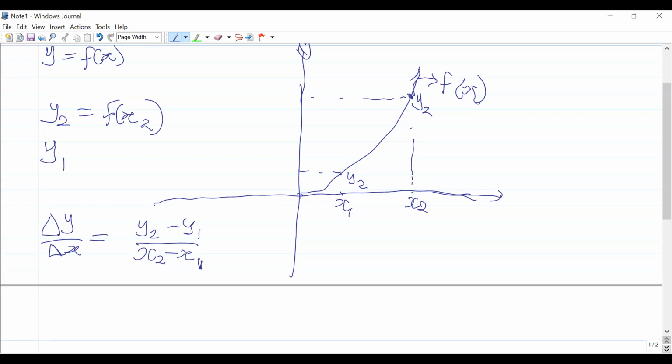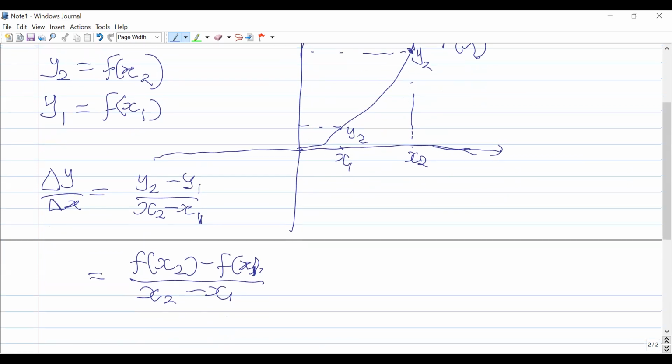And our y1 will be just equal to f of x1. So from here, we can replace our y2 and our y1, which is f of x2 minus f of x1 over the change in x, which is x2 minus x1.